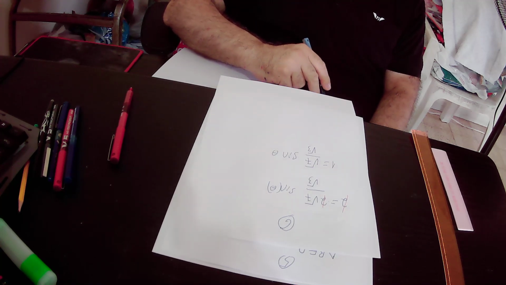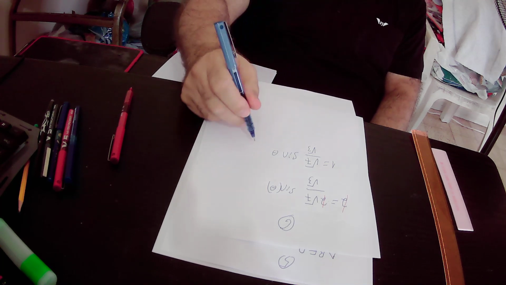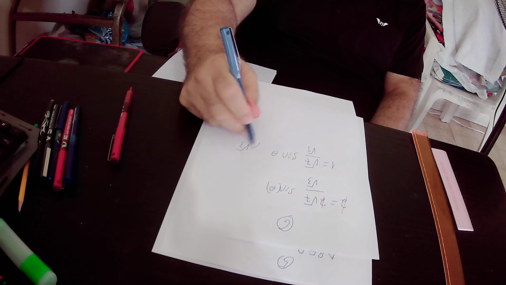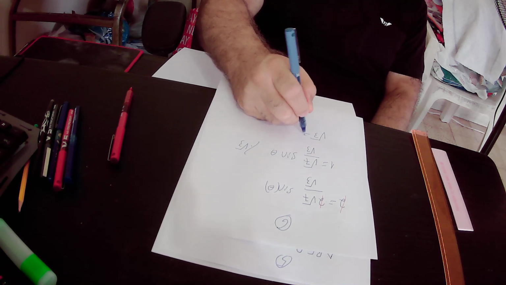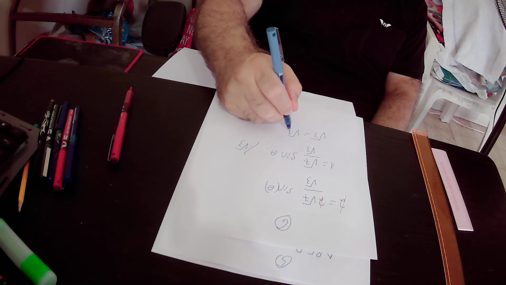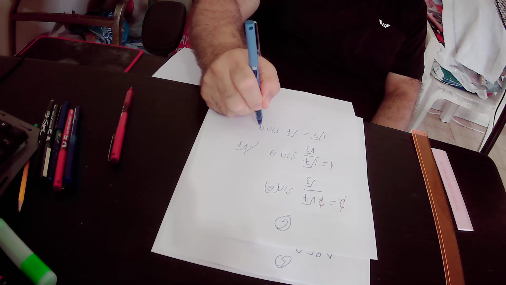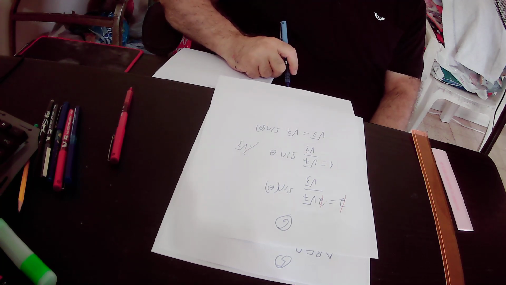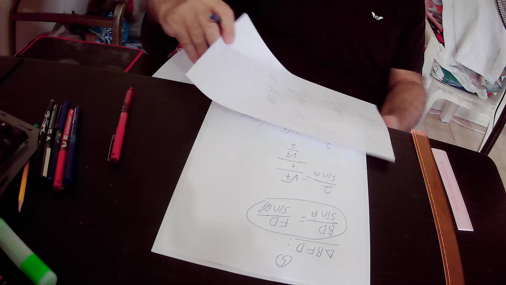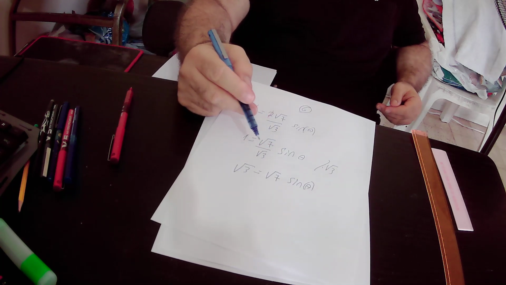Okay? Here we multiply the equality by root 3, and we will get that root 3 equals root 7 times sine theta. Root 3 equals root 7 times sine theta.